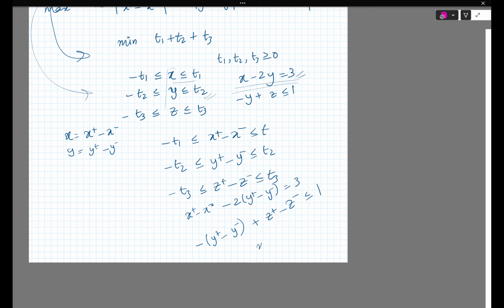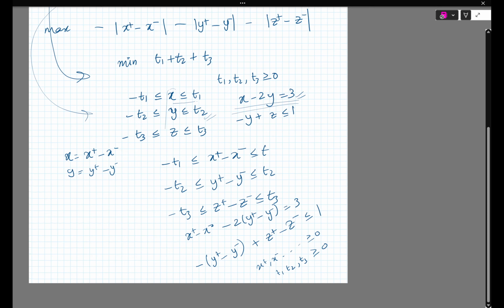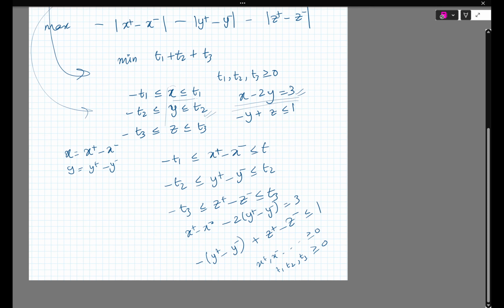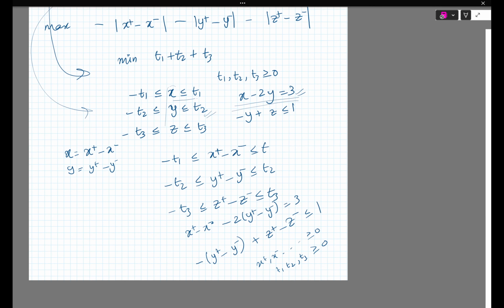So all these will be x plus, x minus, t1, t2, t3, all written there, right? But how will we get the constraints, like which constraint is here? The above three, how will we write them in matrix form, like x plus minus x minus minus t1 less than or equal to 0? Yes, it will be like two constraints from here, two from here, two from here, two from here.